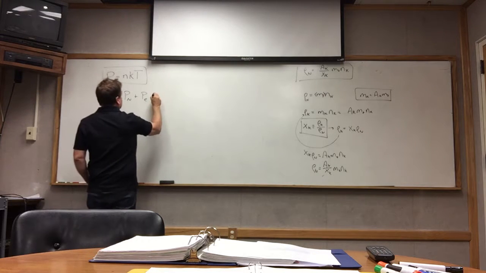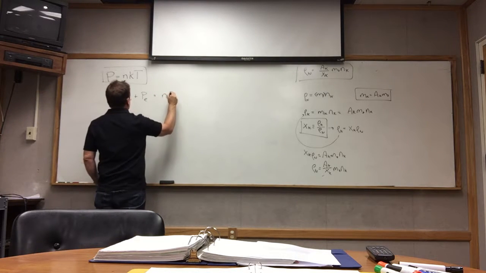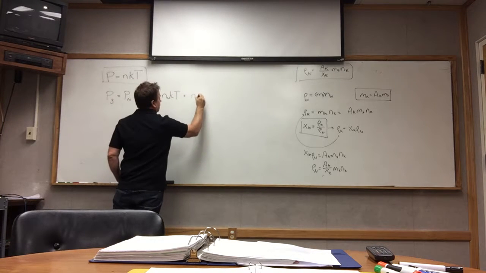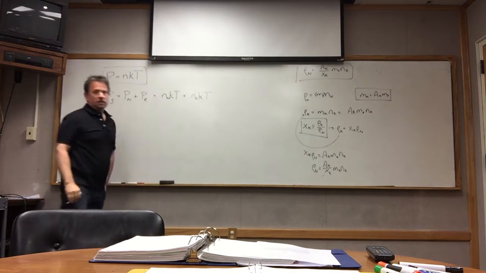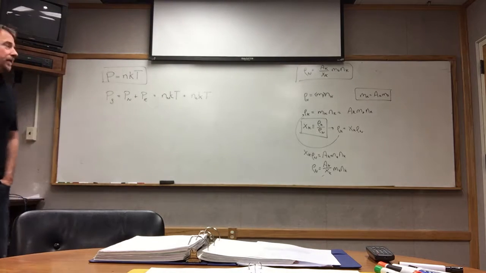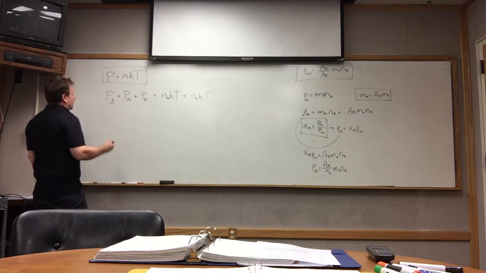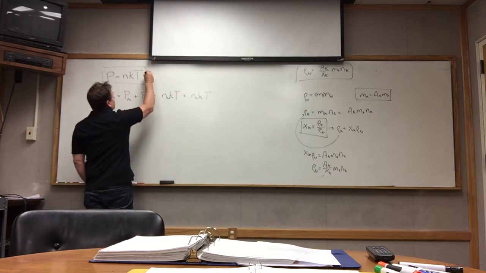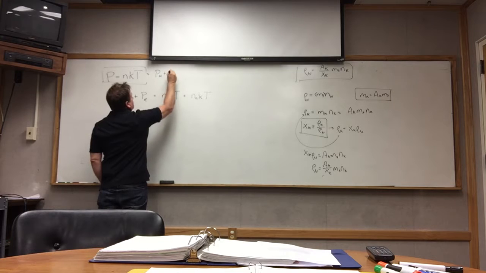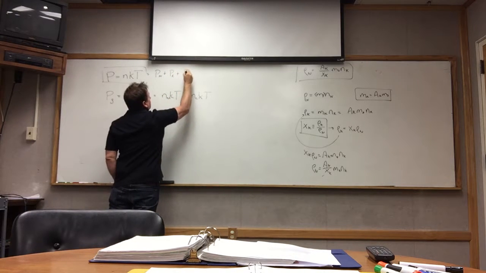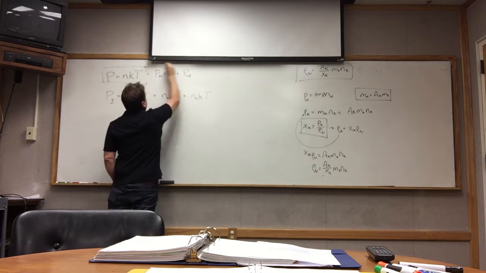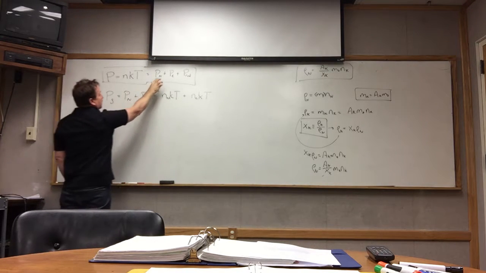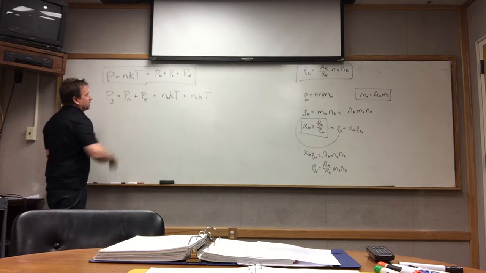Okay, which is equal to N nuclei kT, plus N electrons kT. Everybody with me? Okay. This quantity is really equal to P nuclei plus P electrons plus P radiation. But sometimes we write these two as P gas.